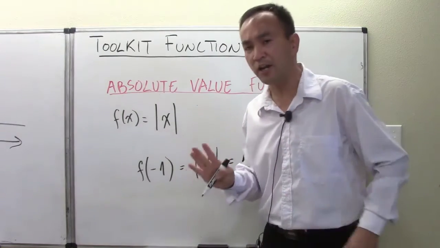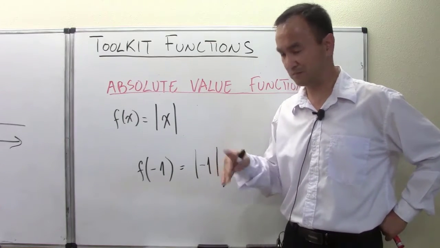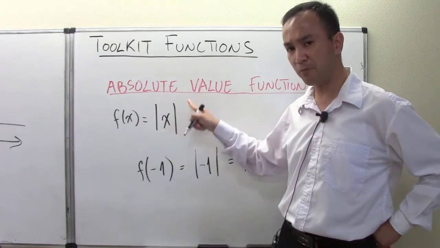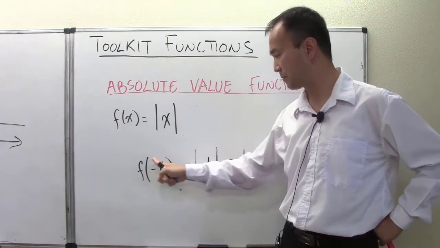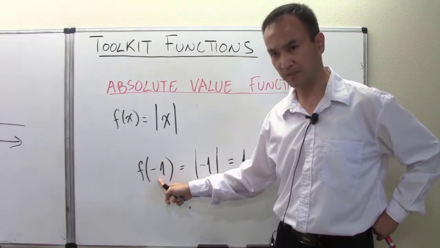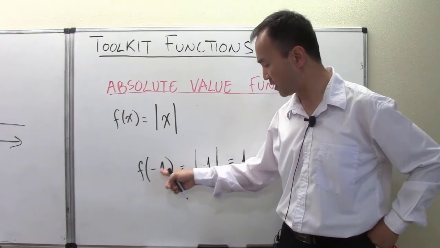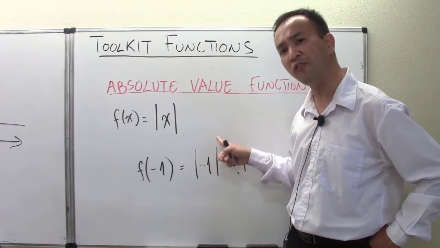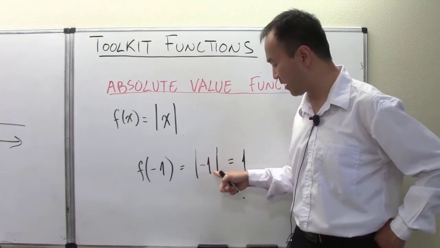At this point, anyone learning in this lesson should be fluent with these basic operations. So now we define our absolute value function. For any input, it could be negative, positive, or even 0, the rule of the function says we take the absolute value of the input. That's why the absolute value of -1 equals 1.